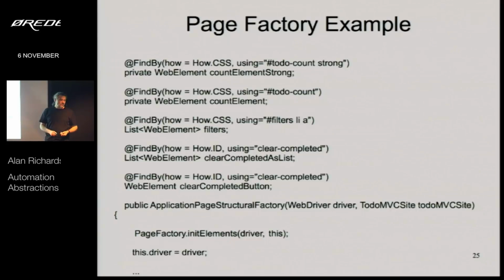Now the problem I found is that when I was using this, over time I would eventually have to unwind the page object because the application would get a bit more complicated. I would need more synchronization on this than just waiting for it to be there. I need to be in a certain state. I need jQuery not to be running. There's a tendency then to create your own web elements and put them in here, but then you have to change the factory method that uses reflection to go through and populate them.